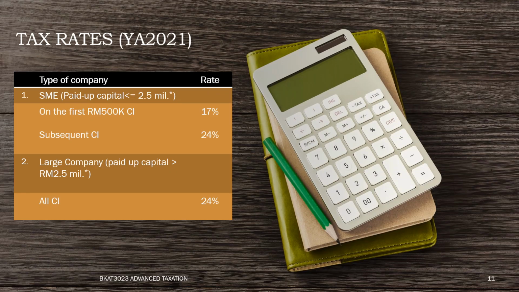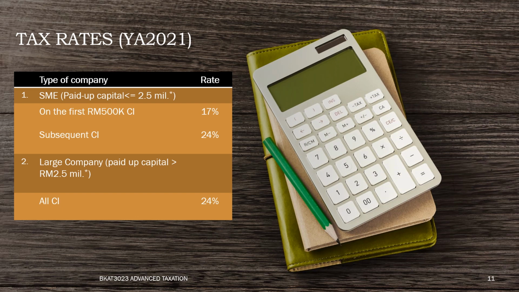What are the tax rates for company tax? For YA 2021, we can divide the tax rate into two types of company: number one is the SME and number two is the large company. The definition of SME is a company with paid up capital less than 2.5 million. This is the definition by the income tax.